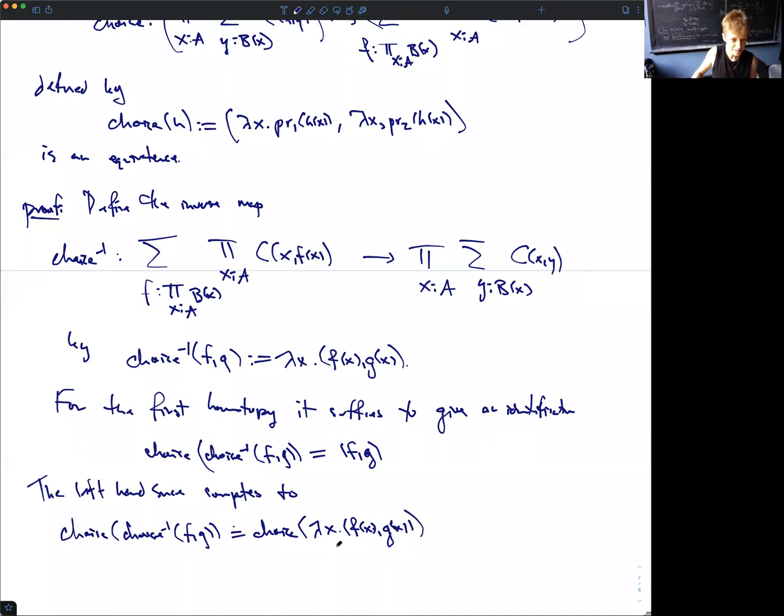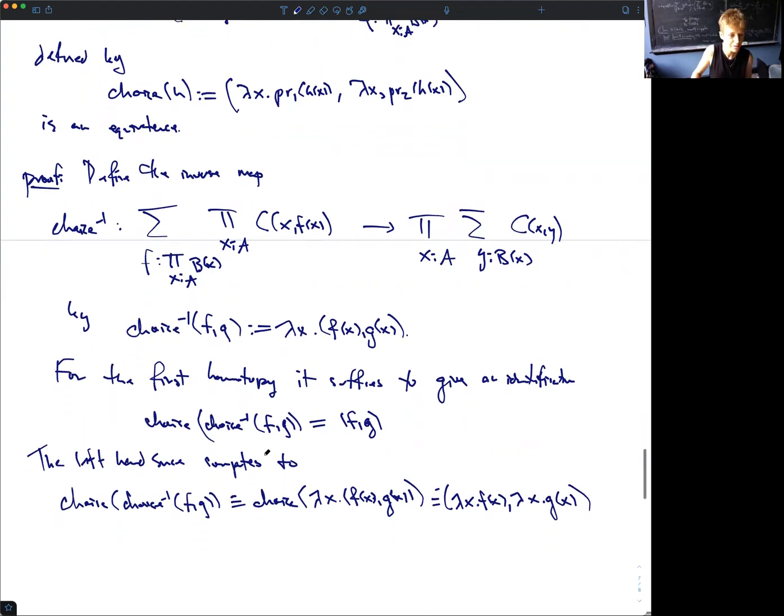And then choice was defined by separating out: I take lambda x dot f of x as the first component and lambda x dot g of x as the second component. Both of these are definitional equalities. That's the meaning of this extra dot above.